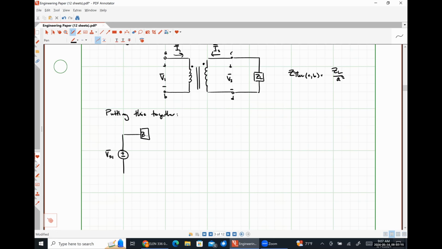Here's our impedance Z1. Here's terminal A, here's terminal B. Now I'm going to replace everything to the right of terminals A and B with its Thevenin equivalent. Sorry, that says ZL, that should be Z2.